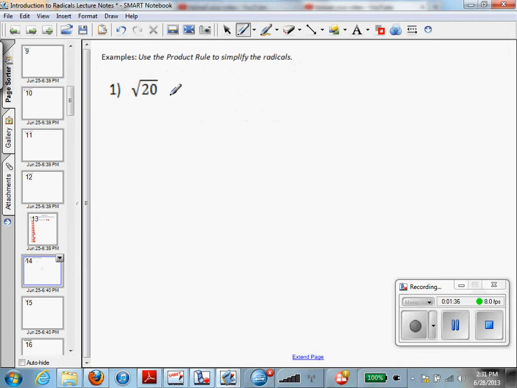So looking at number 1, you can just think of the product of 20. What things can we multiply to give us 20?